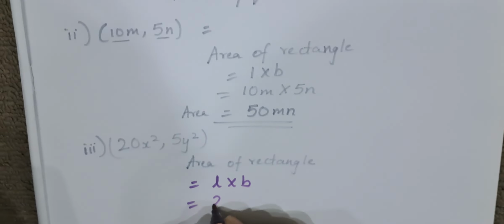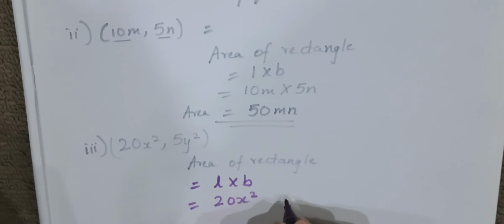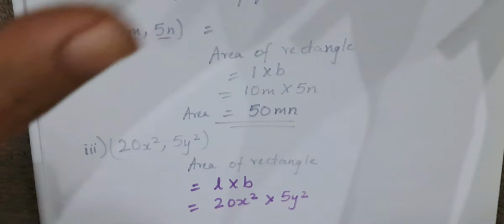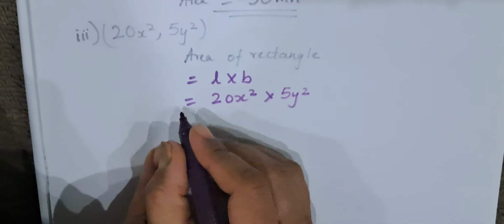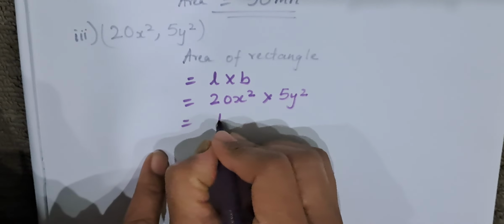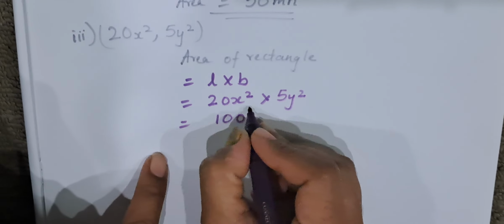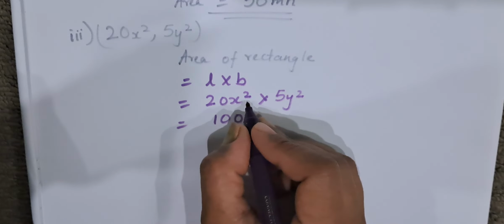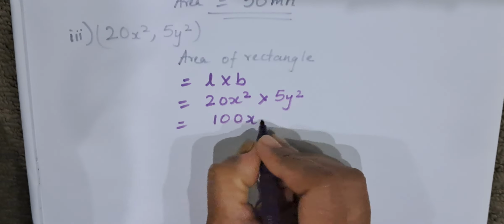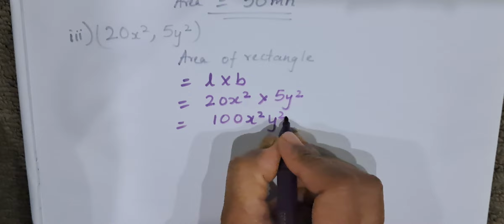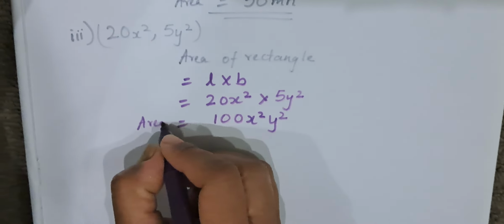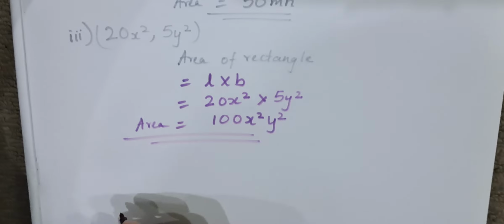So length is 20x square, breadth is 5y square. So how do we write it? 20 times 5 is 100. x square and y square. There is no x term in this one, there is no y term in this one. So they just remain as they are. 100x square y square is the area of the rectangle and the answer for the third one.